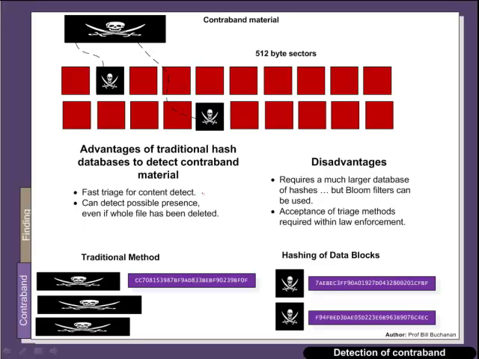So the advantage is that we can get fast triage to be able to detect malicious or contraband material. It's possible to detect the whole presence of a file purely by detecting one element of it. The downside is that we require a much larger database of hashes. We need to process them from their large size into their 512 byte blocks. But Bloom filters can be used for this.